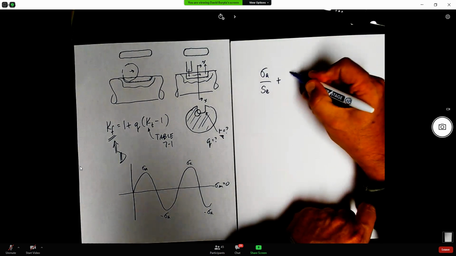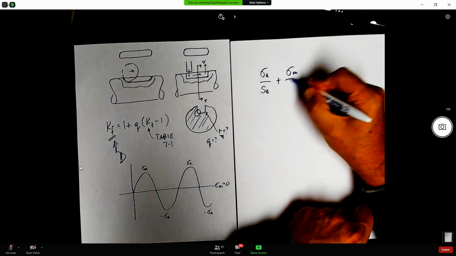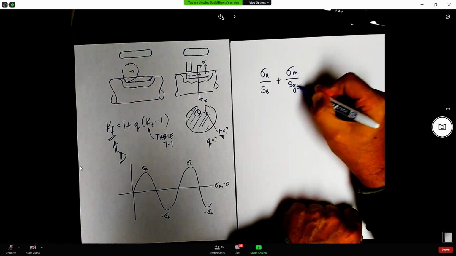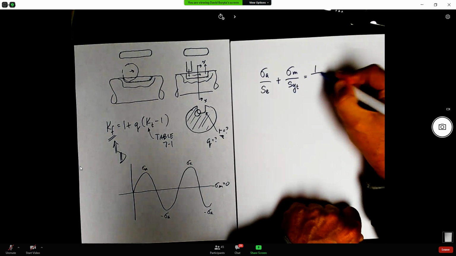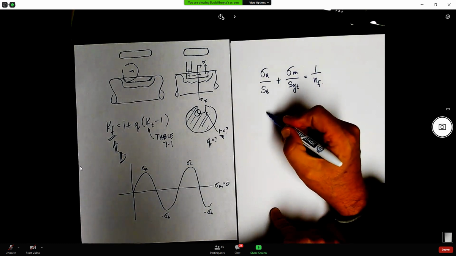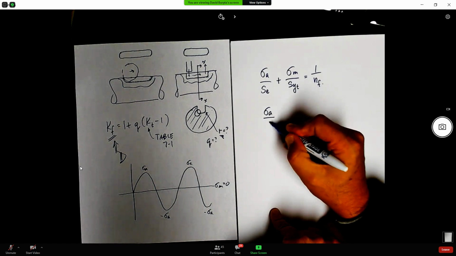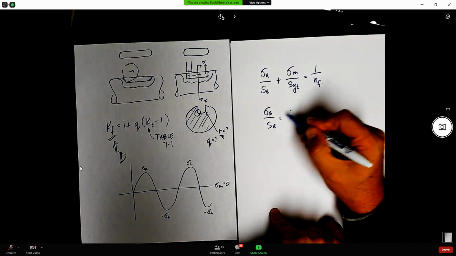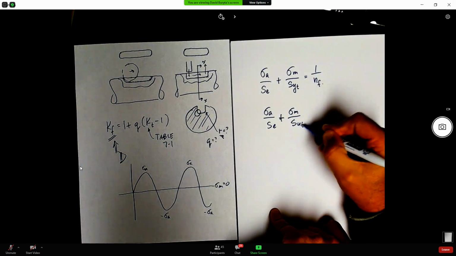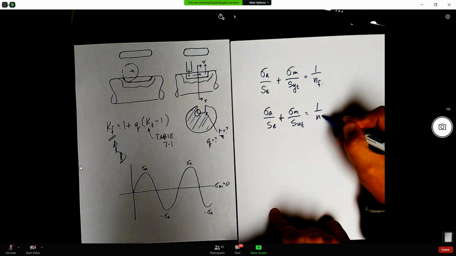In this case, it's the modified endurance limit or fully modified endurance limit. And then you have your mean stress divided by, now if you're using the Soderberg, this becomes SYT, and this will be 1 over NF, right? And if it's the Goodman criteria, plus, right?